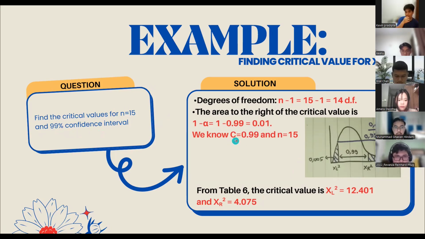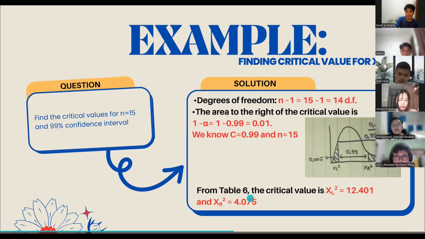We know that the confidence interval is 0.99 and n equals 15. So from table 6, you can see the critical value for chi-squared left is 12.401 and chi-squared right is 4.075.